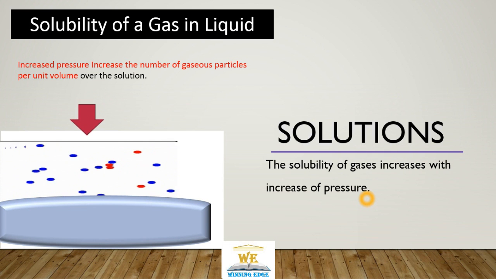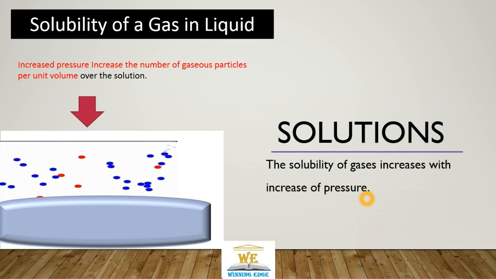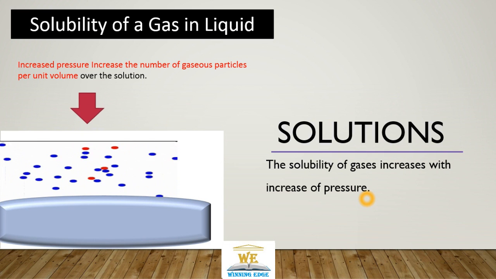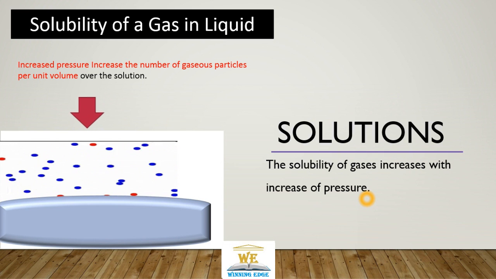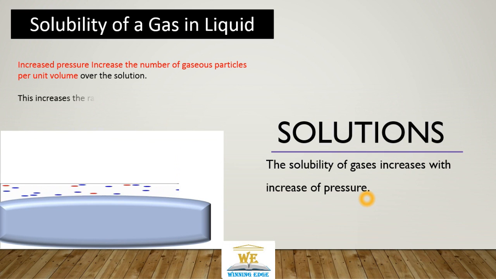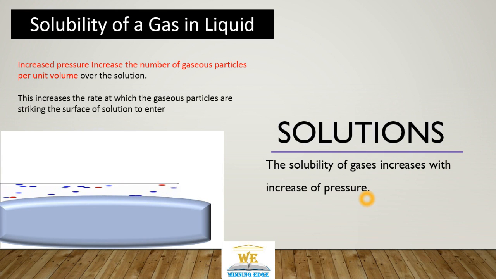If we apply pressure here, the same gas is squeezed into a smaller volume, meaning the number of gas atoms or molecules per unit volume increases. So this increased number of gaseous atoms or molecules strike the surface of the liquid more times. The average striking frequency on the surface of the liquid increases, which means the probability of a particular atom going into the liquid increases.